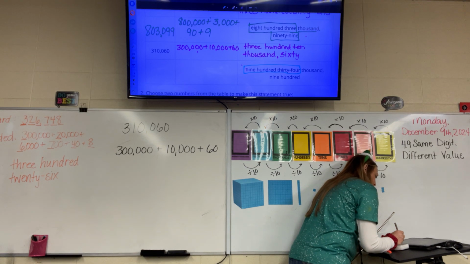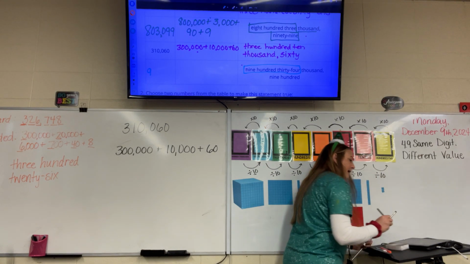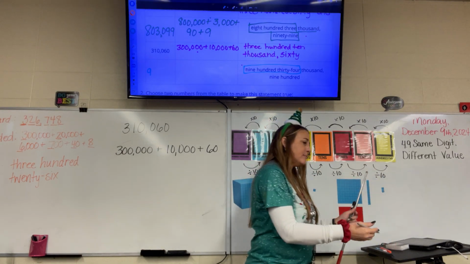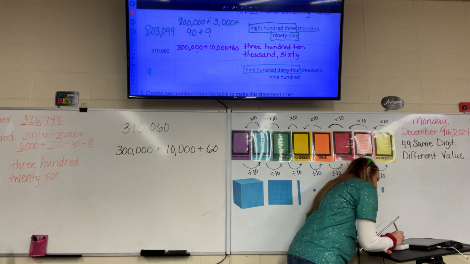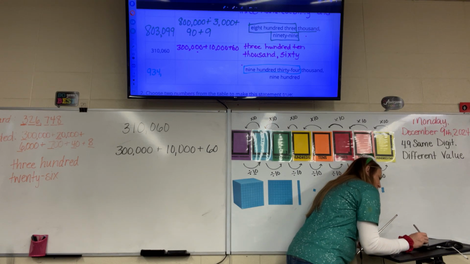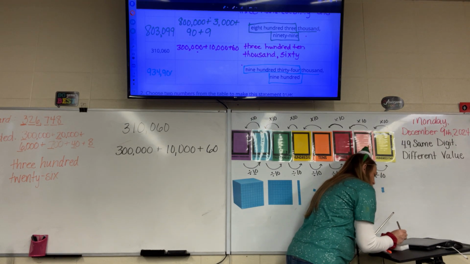What number do I write first? 9. And what comes next? 3. 4. Okay. And then the thousand is the comma, and then I have to write this number. 9. 0. 0. There you go.